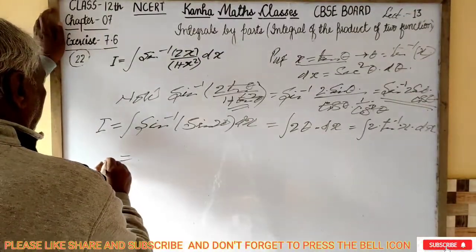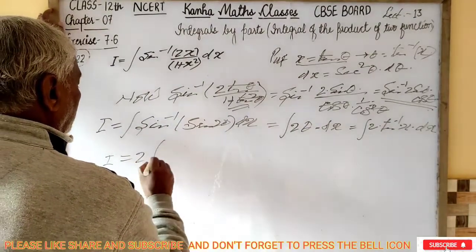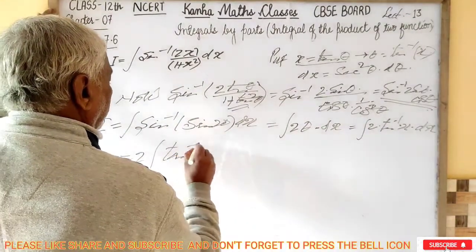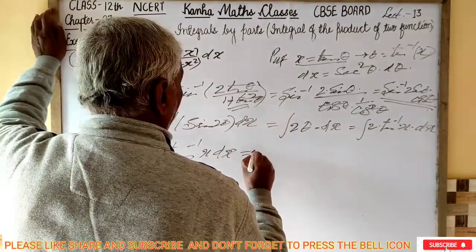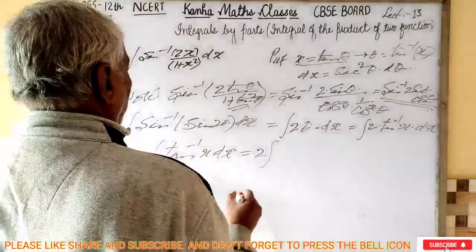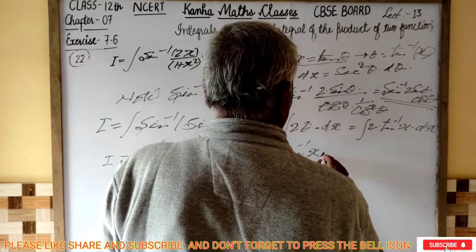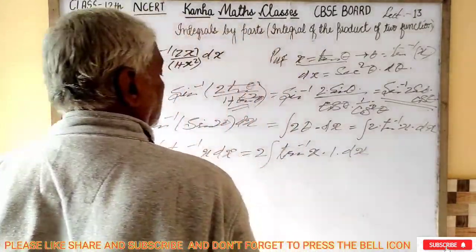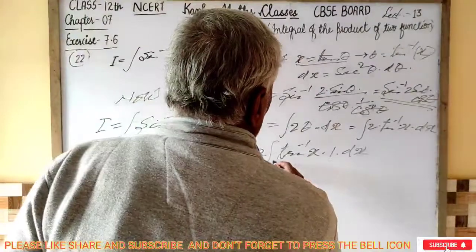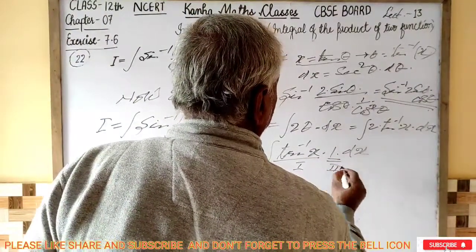This we may write here as 2 into integral tan inverse x dx, or 2 tan inverse x into 1 into dx. Here we will treat this as first function and this one as second function.